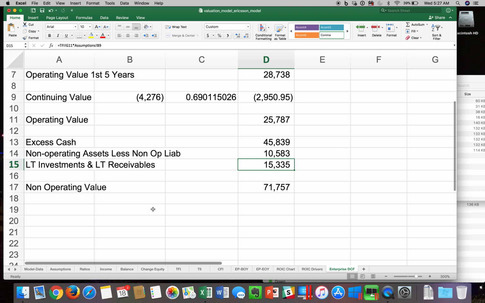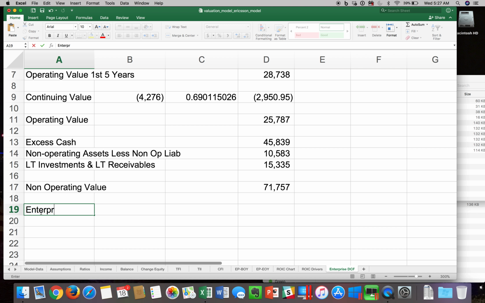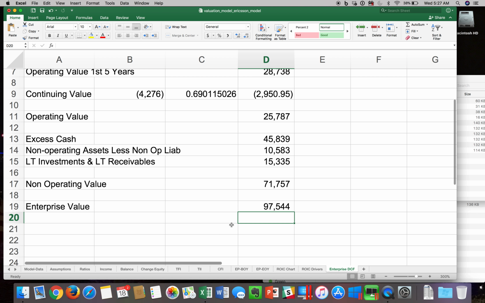So back to enterprise DCF. Enterprise value is the operating value plus the non-operating value. And that is our forecast for enterprise value, or EV, 97,544.